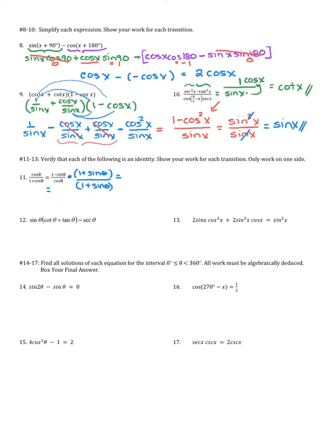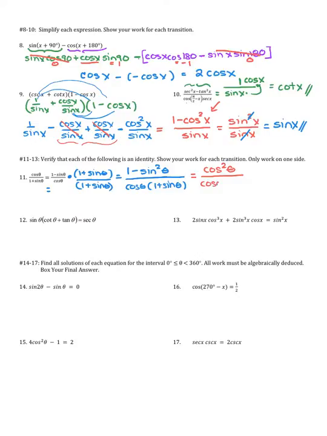So what I have on top now, when you multiply the conjugates, it becomes a squared minus b squared. So if I FOIL that, I get 1 minus sine squared theta over, and this I'm not going to distribute, I'm going to leave it in factored form, because what happens is you always get the Pythagorean identity on top. That turns into cosine squared theta.